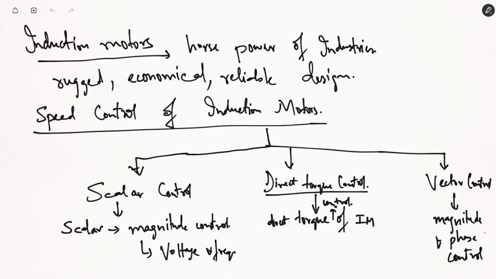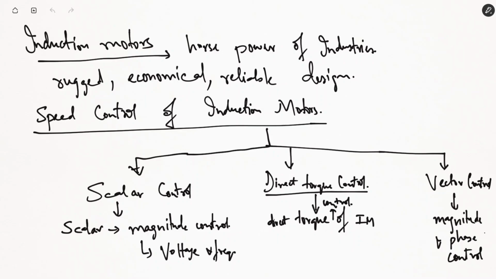Scalar control method simply states that you are changing the magnitude of voltage or frequency to control the speed of induction motor. So some of these methods you have already studied, like simply by changing the armature voltage, you can change the speed of the induction motor. By changing the resistance of the rotor windings, you can change the magnitude of current in the rotor windings.